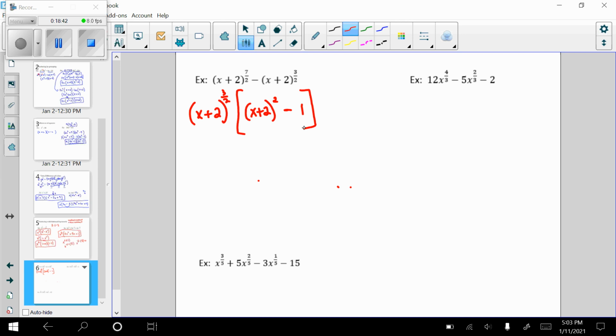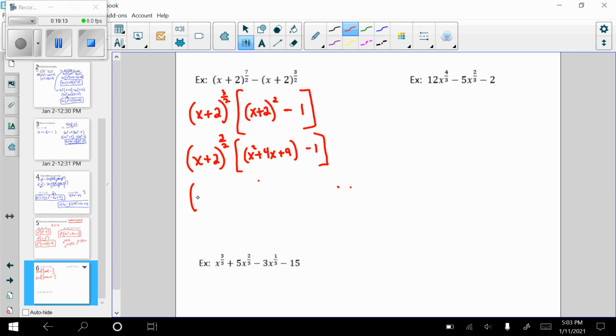Okay, so we can simplify that a little bit farther. A couple ways to do it. You might see that as a difference in squares, but I think more commonly you're going to just go ahead and FOIL out that x plus 2 quantity squared. So if you do that, you get x squared plus 4x plus 4 minus 1.